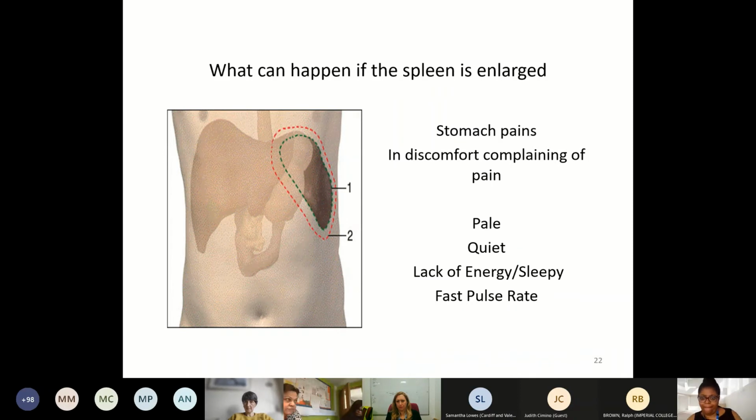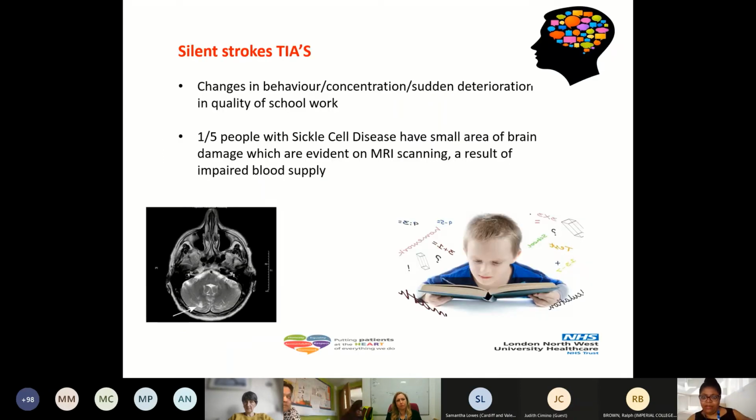Okay, so you come across children, remember I said that those with sickle cell anaemia had scans of their head. It's really important for schools to keep an eye on this.